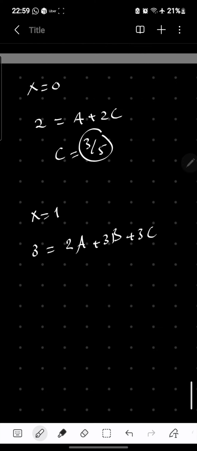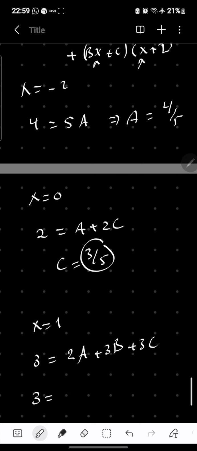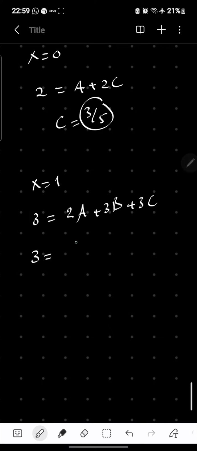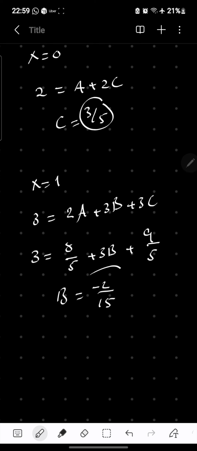So 3 times c. Substitute: 3 equal 2a, which is 2 times 4 over 5, 8 over 5, plus 3b plus 3c, which is 9 over 5. From this equation, you can get b easily, negative 2 over 15.